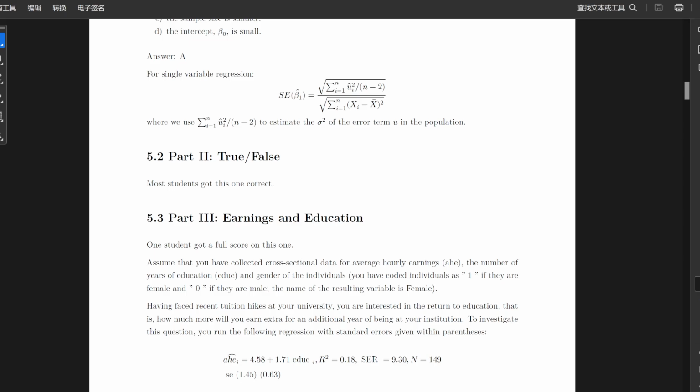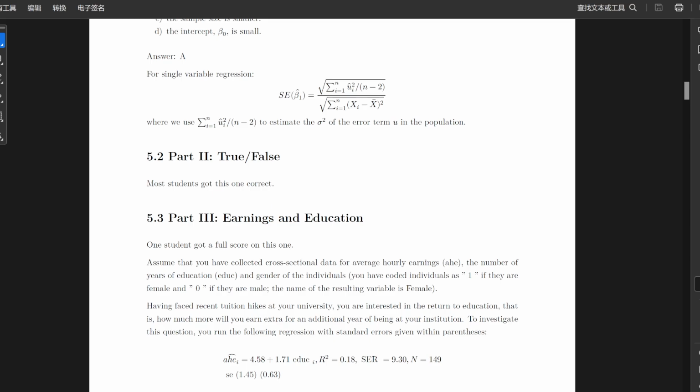And part 3 is very important. It's about earnings and education. We regress your education level on average hourly earnings. I think only one student got the full score on this one. Congratulations to her. So assume that you collect cross-sectional data for average hourly earnings, the number of years of education, and gender of the individuals.